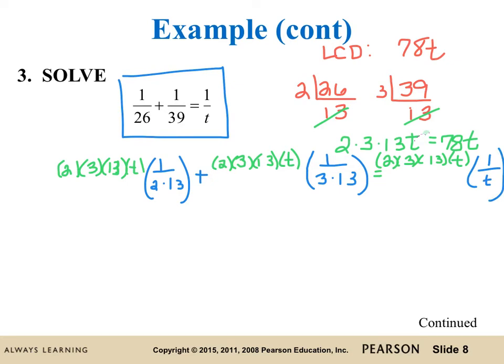So that when we do that, we see that this 2 cancels that 2, this 13 cancels that 13, and what we have left then is 3 times t, or 3t, times 1. And then we'll move to the next term, and this 3 cancels that 3, and this 13 cancels that 13, and what we have left is 2t times 1.